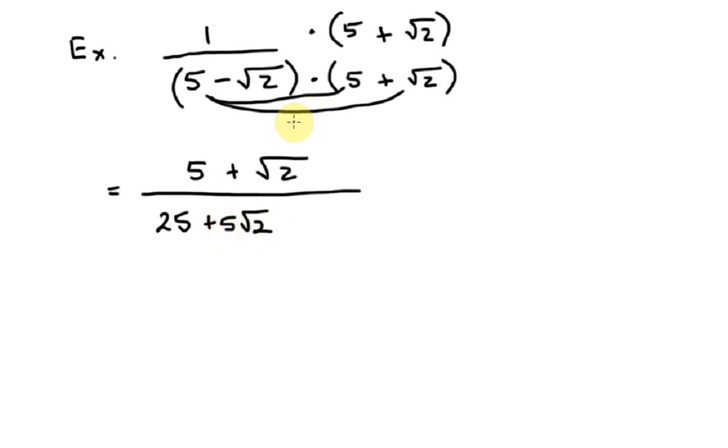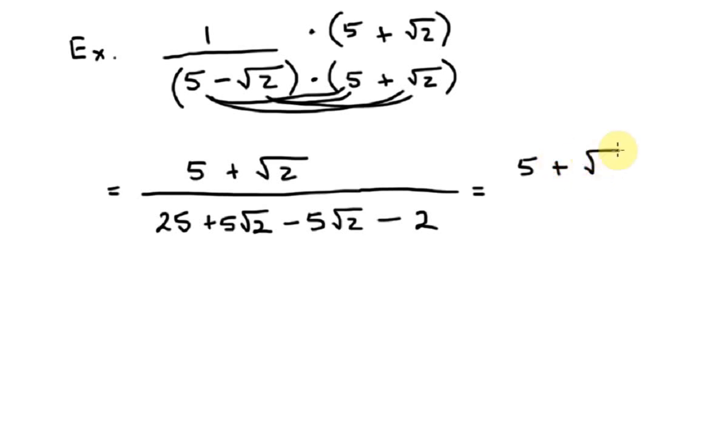And I've got a negative root 2 times 5. So I'm going to have a negative 5 root 2. And then finally, I've got negative root 2 times positive root 2, which is a negative root 4, or just a 2.